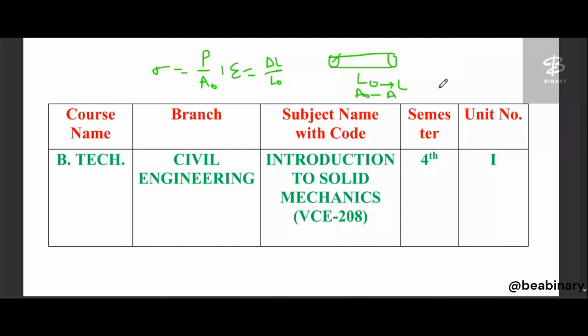After a load P has been applied, whether compressive or tensile, depending on the condition, the area would have changed to A, and A is different from A naught.